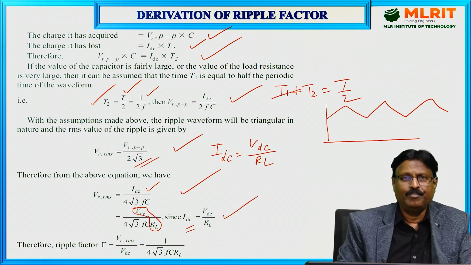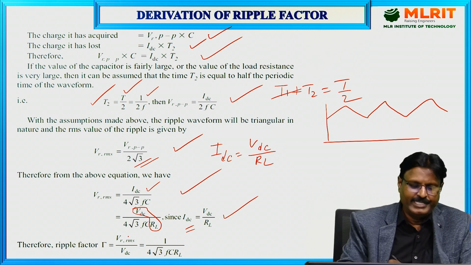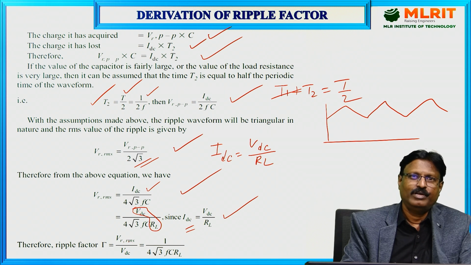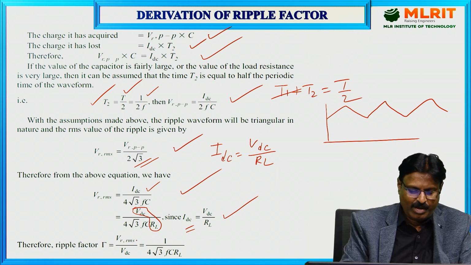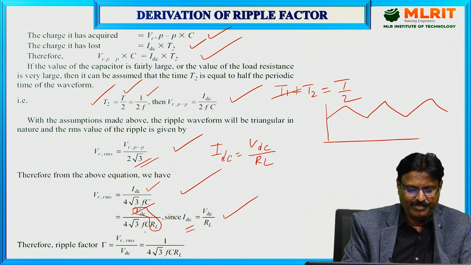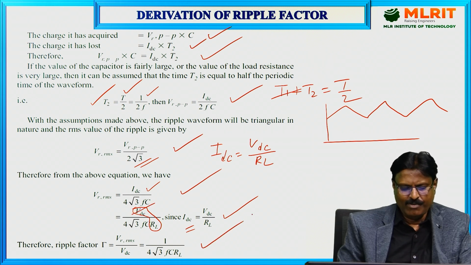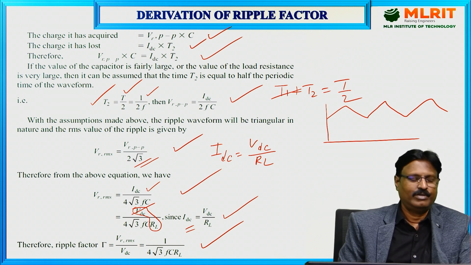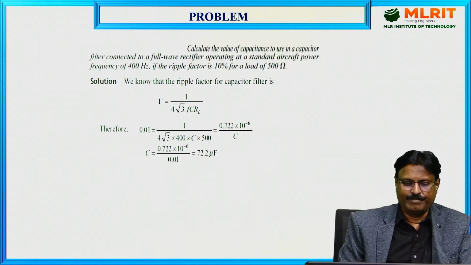The ripple factor is equal to VAC by VDC, or in other words, the RMS value of AC voltage by DC voltage. So VR RMS is equal to VDC by 4 root 3 FC into RL by VDC. Here VDC will be cancelled and you will be getting 1 by 4 root 3 FC RL. So finally this is the ripple factor of the capacitive filter.